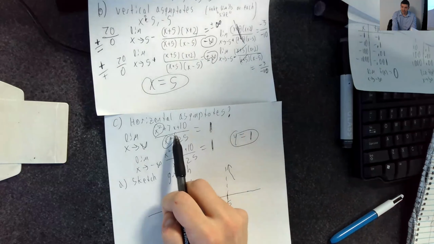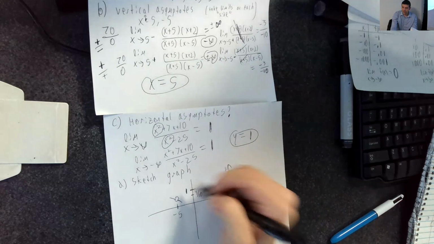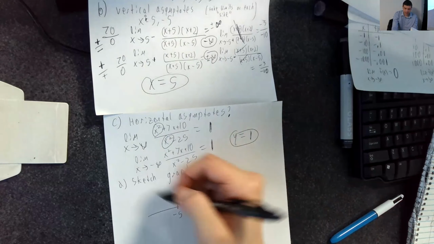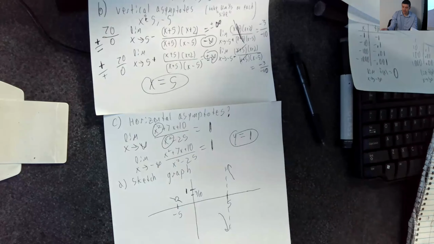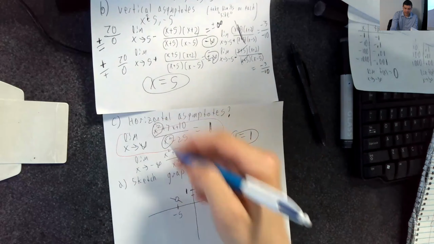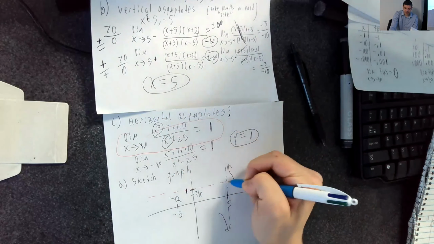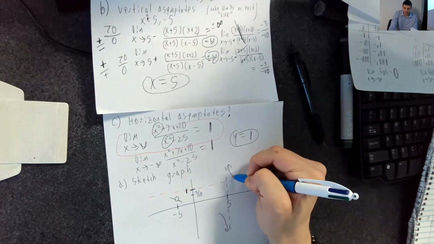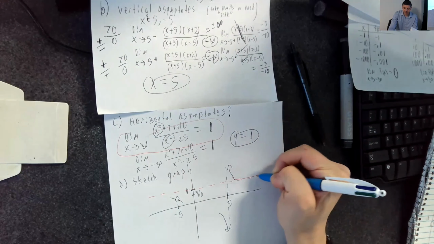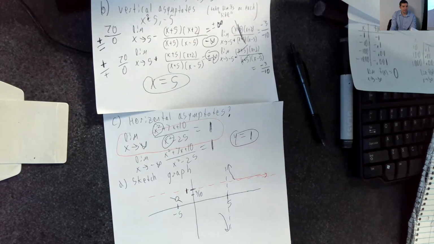Horizontal asymptotes: x going towards infinity, the y values are heading towards 1. Maybe I'll do it in a different color. This part is in red. To draw this part, I need to sketch something going here, like that, at 1.